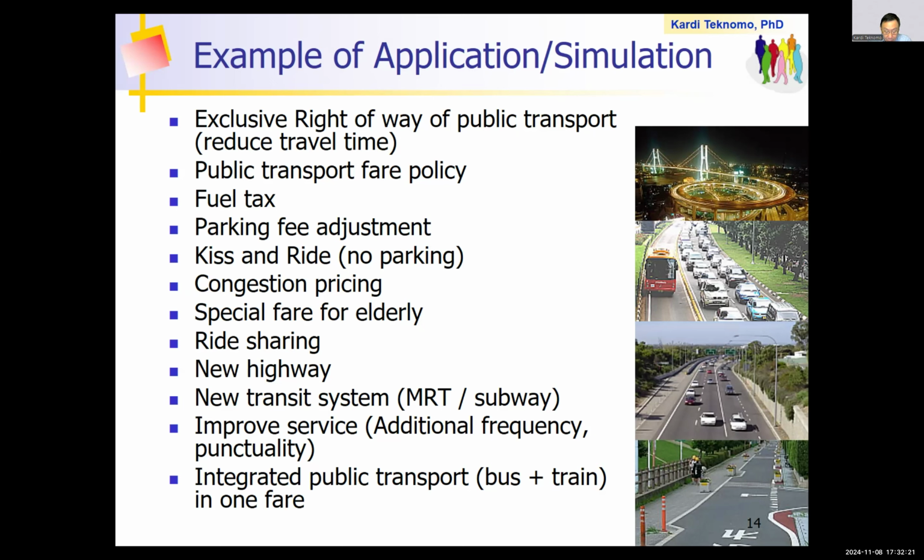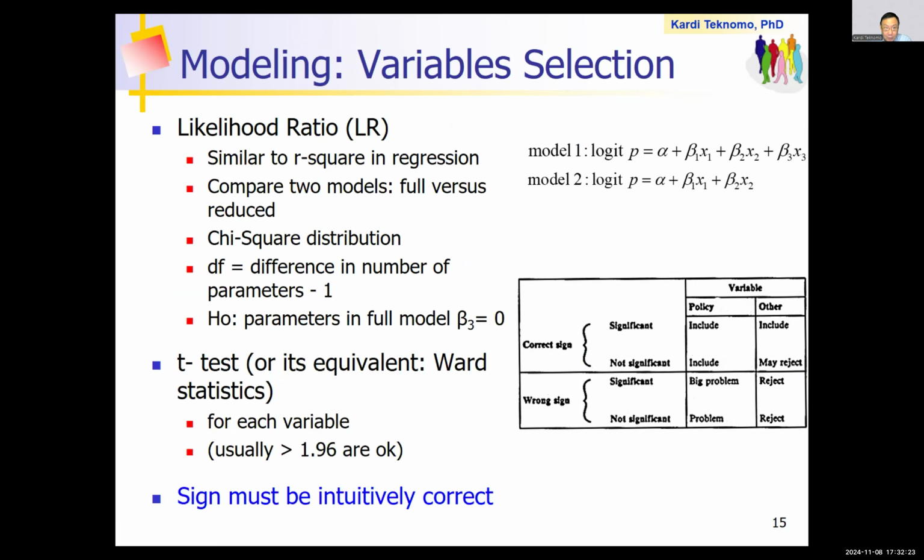A while ago, I also discussed the likelihood ratio. So what is that? That is similar to R squared in regression. The basic idea is to compare two models, full versus reduced. The full model, for example like this, has up to 3 variables.